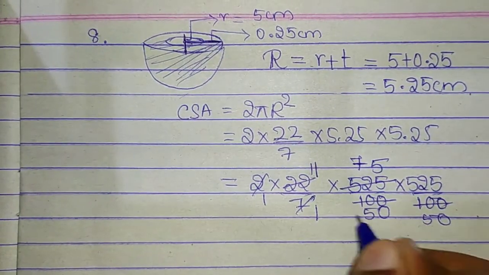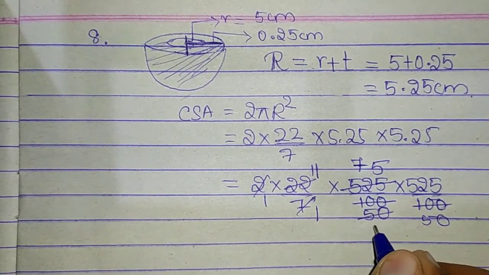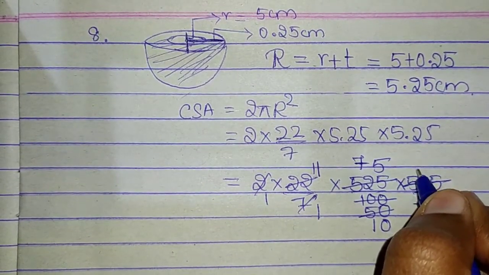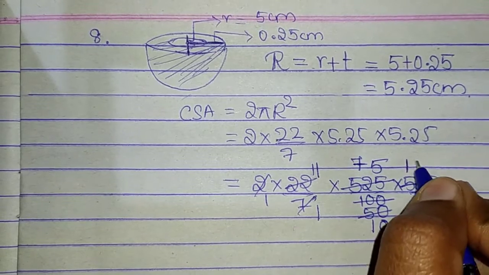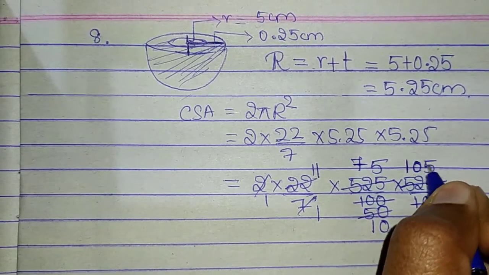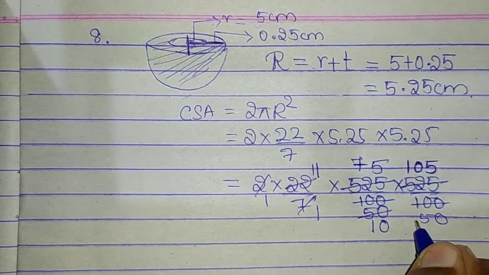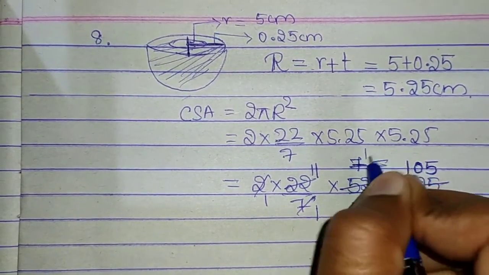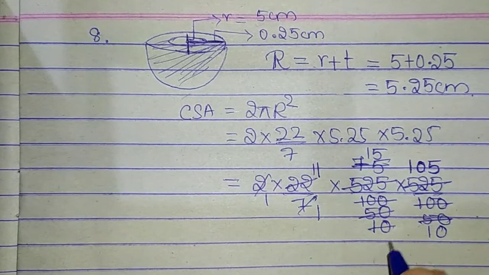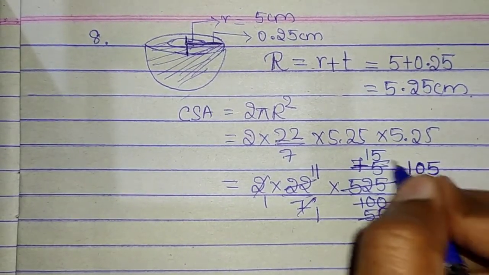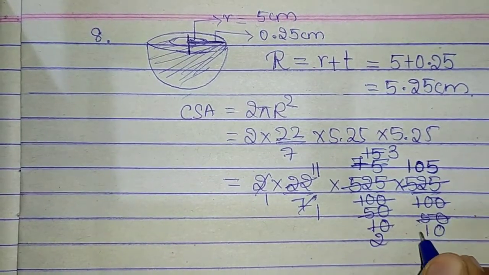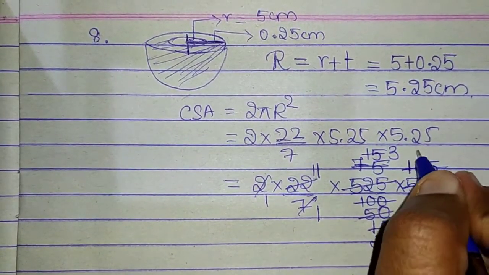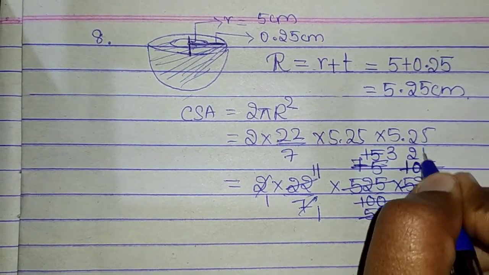Now here we can further resolve it. 5 tens are 50, 5 twenty-fives are 105. Similarly, we cancel the other factors.